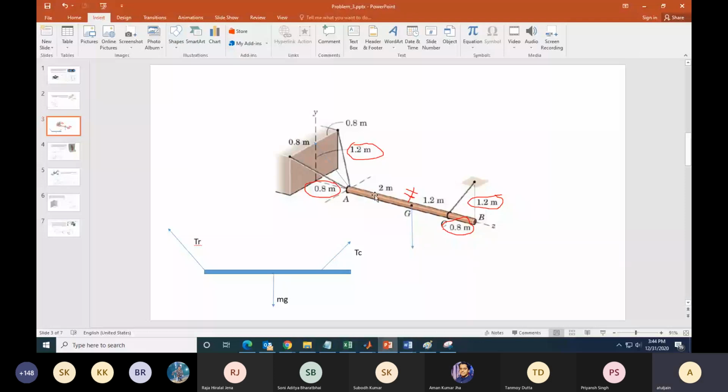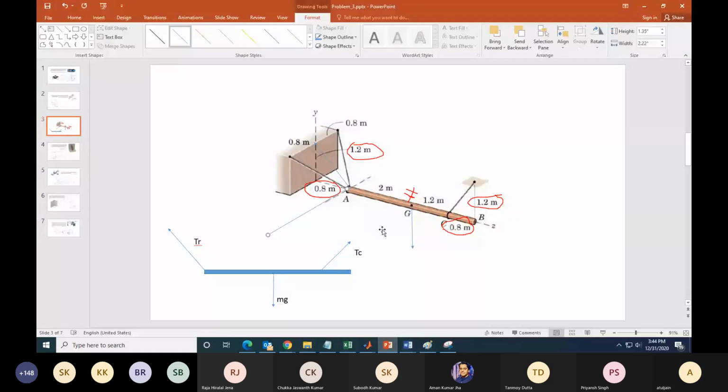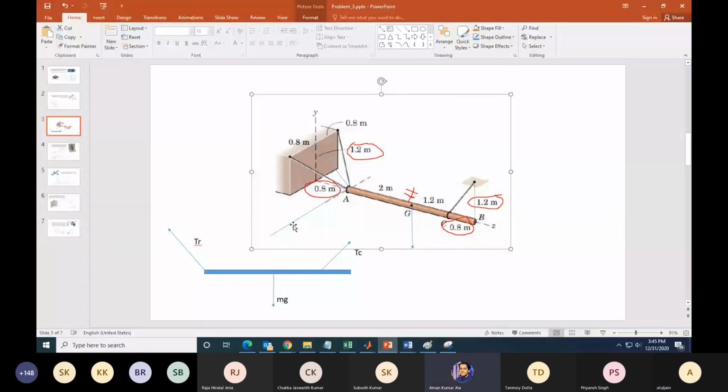Sir, TC is in the YZ plane. This is Y, this is Z, and X is in this direction. This is your x-axis. Sir, here you said these three forces are not concurrent.